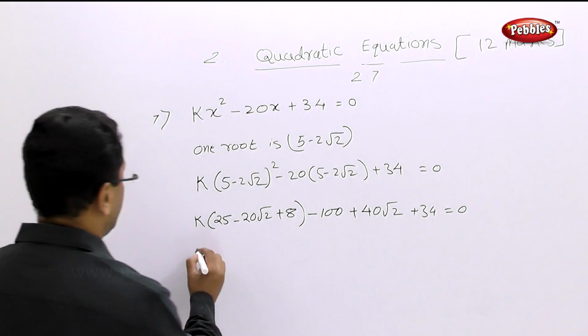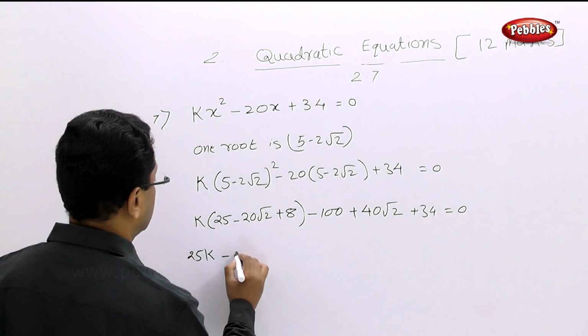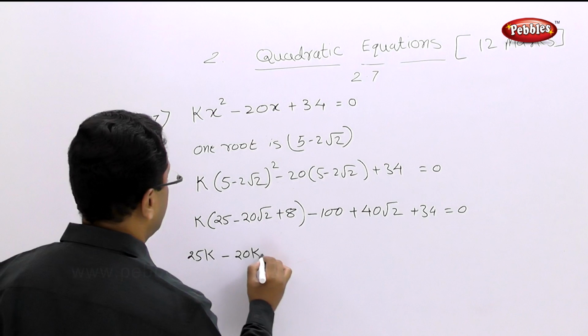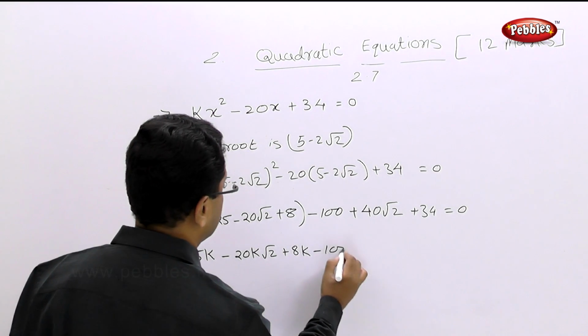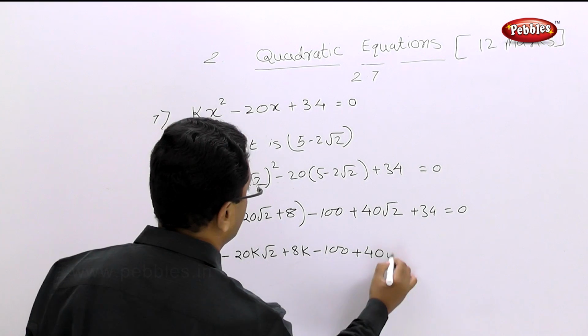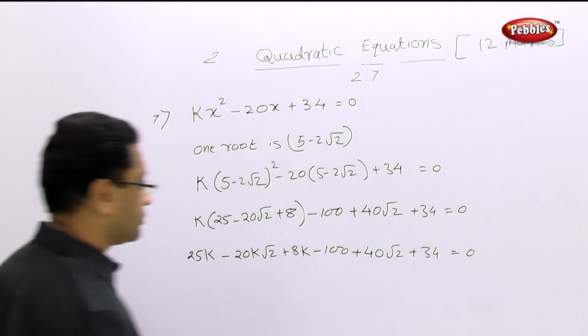So now we have 25k minus 20k root 2 plus 8k minus 100 plus 40 root 2 plus 34 equal to 0.